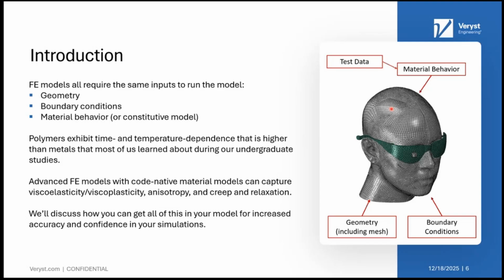And you can capture that time and temperature dependent response with code native material models. They get everything from viscoelasticity and creep and relaxation to anisotropy, failure, and viscoplasticity. Any effect that we want, we can capture there. It's a question of getting the test data and using the appropriate models. So I'm going to talk today about how we can get all this in your model, some tips and tricks that I've used when talking about testing or material modeling, and a little bit about that workflow.